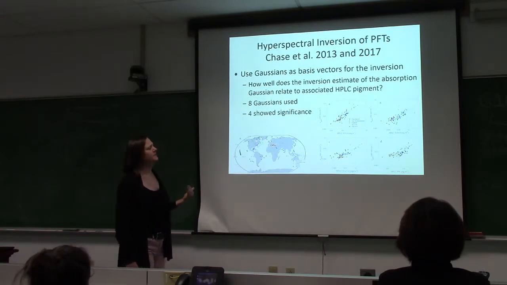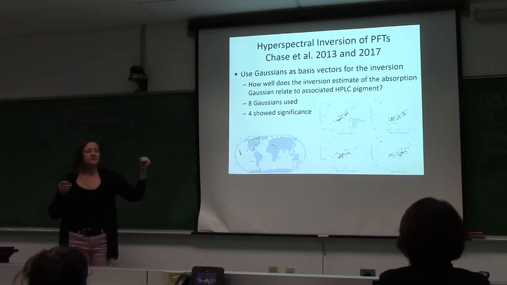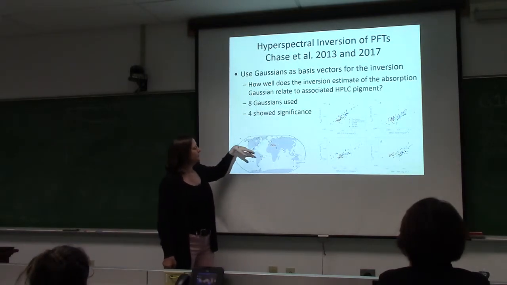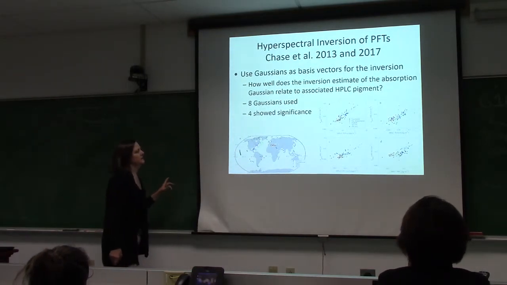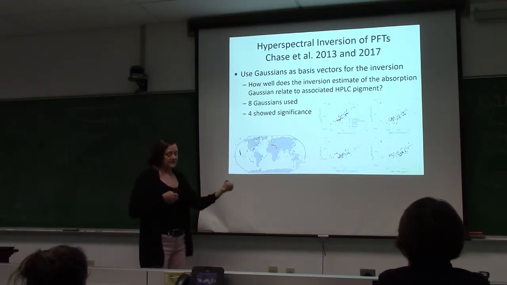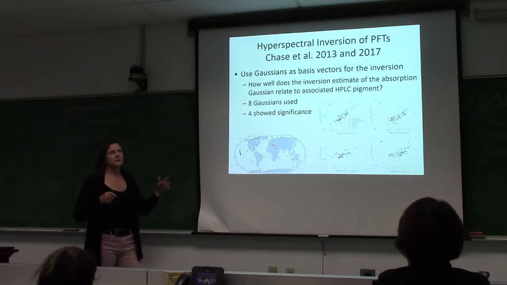Then she took it a step further and she said, well, why can't I just do the inversion to a phytoplankton spectrum using the Gaussian spectra? And so she got a nice set of data where she had reflectance and pigments for validation. And so she ran the inversion. For every reflectance spectrum, she ran 8 Gaussians and CDOM and NAP.